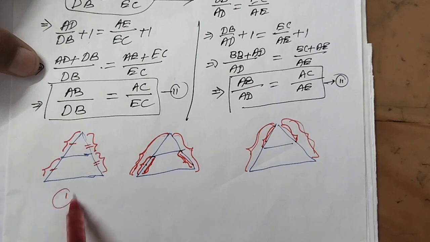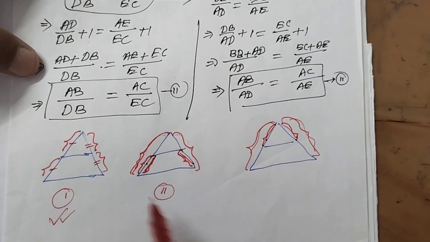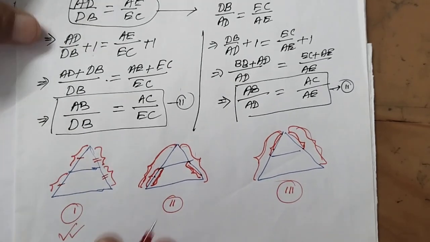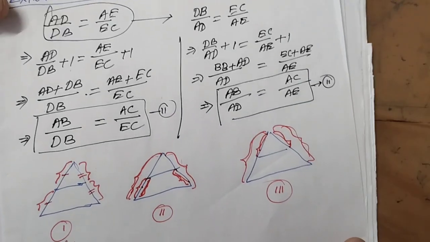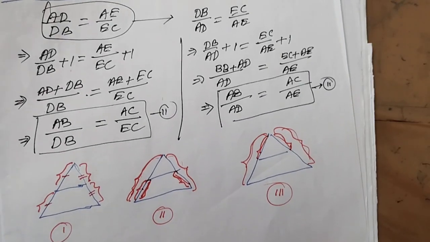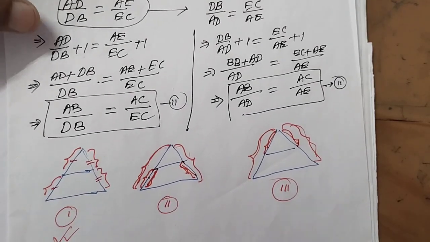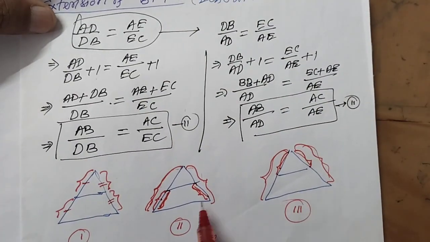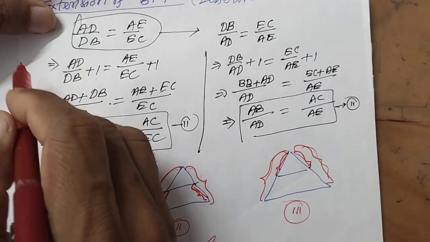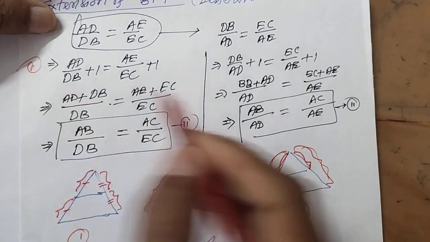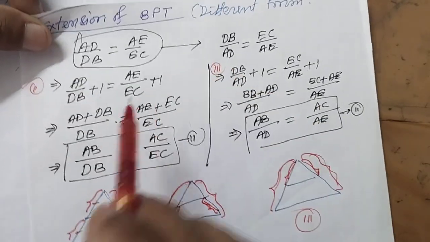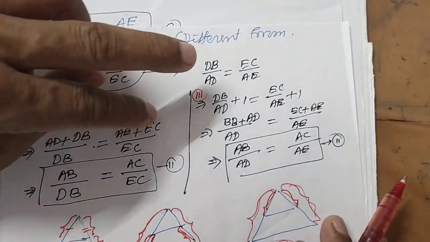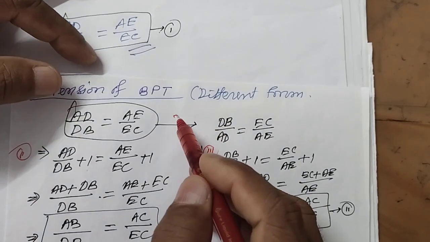So this is the main theorem. This is another form we can write. This is another form we can write. This is what we have discussed here: the basic proportionality theorem can be written in 3 different forms. The second and third proofs are also given here. This is the second form. This is the third form. In the third form, what I did was take the reciprocal of the basic proportionality theorem.